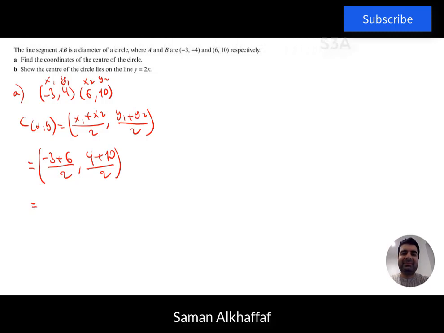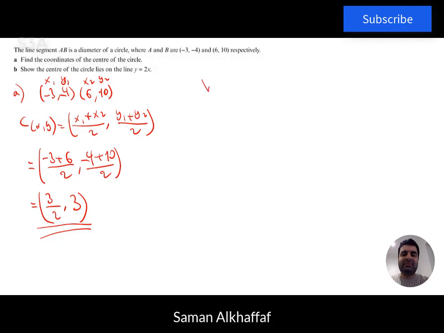So we have 3 over 2 for the x coordinate, and for the y coordinate, 14 over 2 gives us 7. These will be the coordinates of the center.